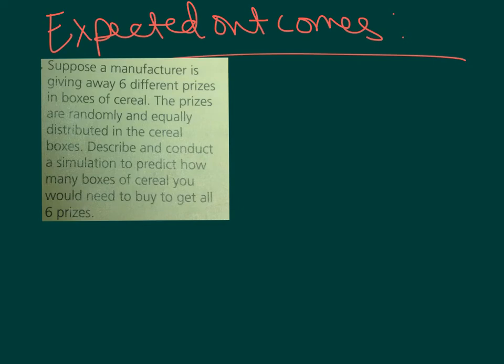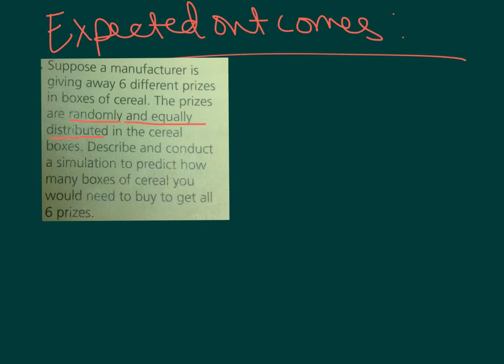Obviously, for each box you have a 1 in 6 chance of getting the prize because they're randomly and equally distributed. But as we all know, you can buy 6 boxes and not end up with 6 unique prizes. So this is where simulations come in.